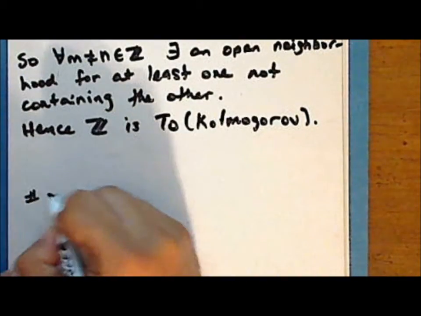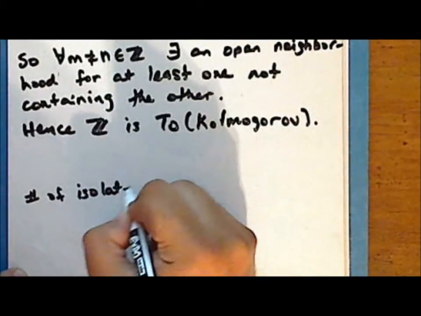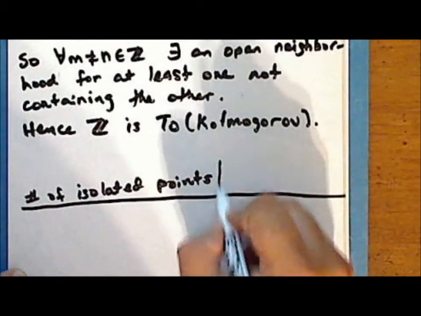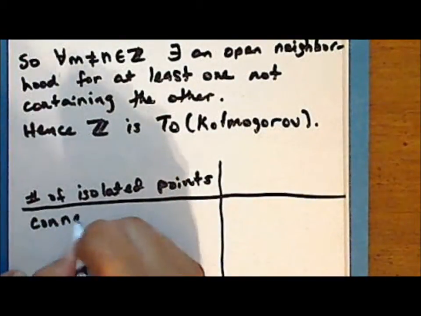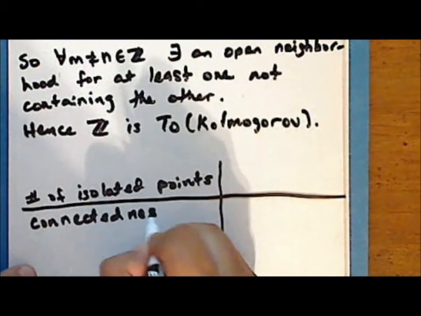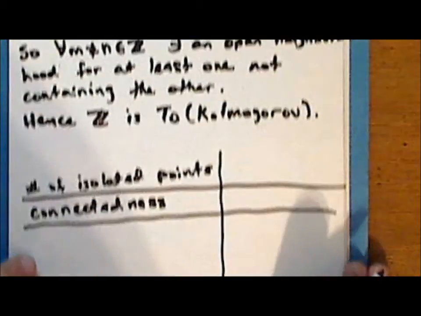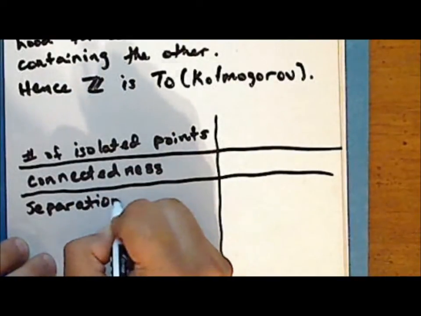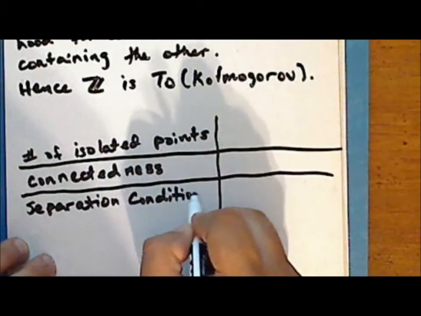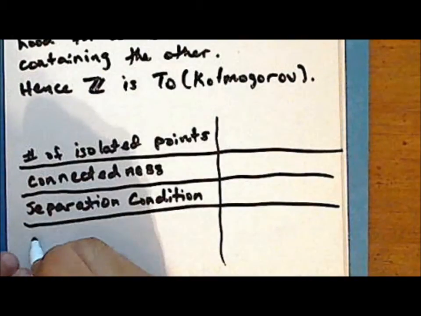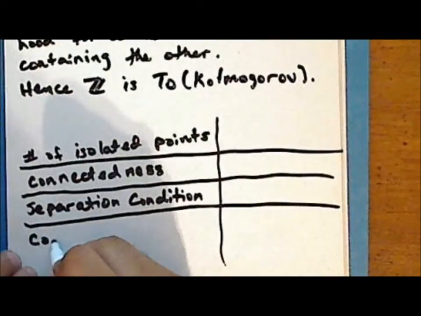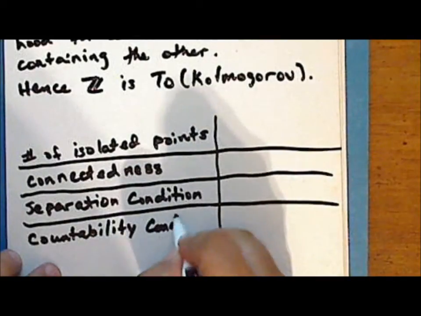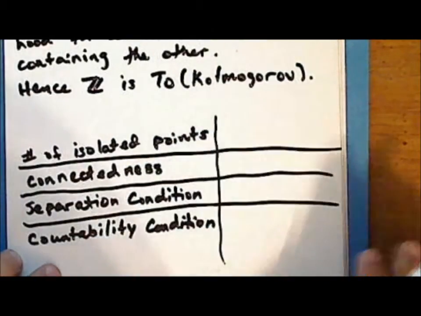So we look at the number of isolated points, we look at connectedness, the strongest separation condition satisfied, and at the countability condition. And this is not necessarily the strongest, but this is the only one we've studied so far.